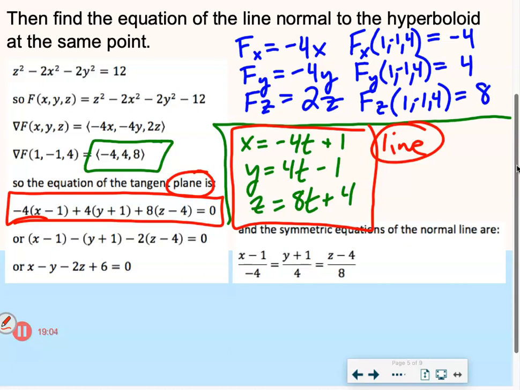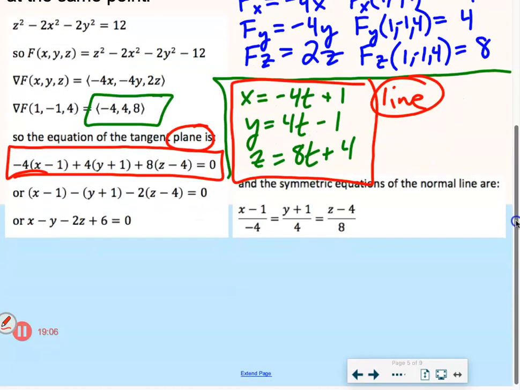Whatever this surface looks like, it's some hyperboloid. There is no way on earth I'm drawing a hyperboloid freehand, but somehow you have some hyperboloid that's either going this way or this way. Since the z squared is positive, do you think it's going this way?